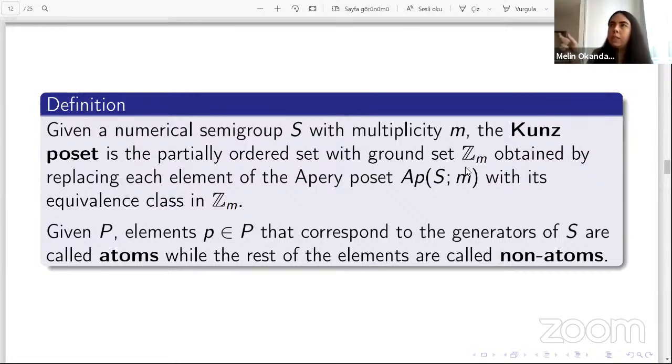So each generator except the multiplicity will most certainly be in the poset. And the equivalence classes corresponding to those generators will be called atoms, whereas the other elements will be called non-atoms in the Kunz poset.